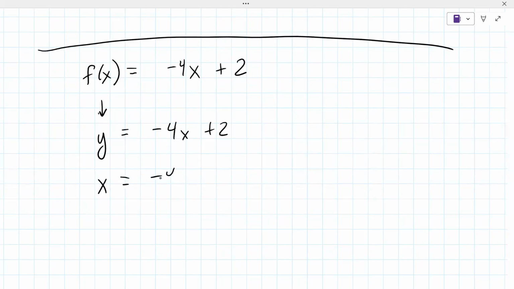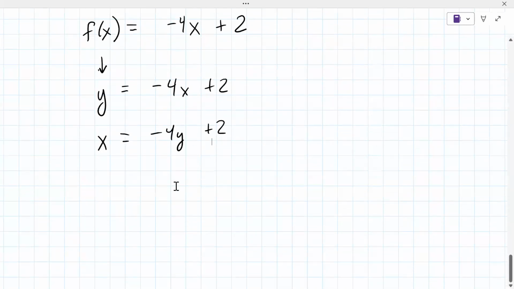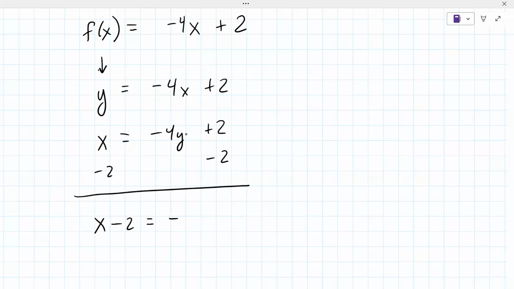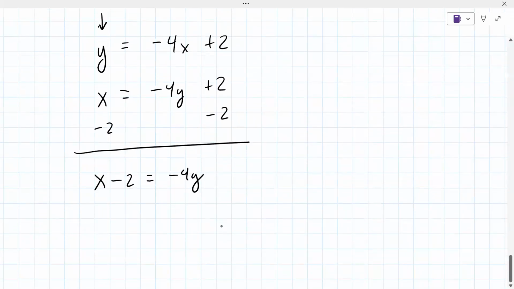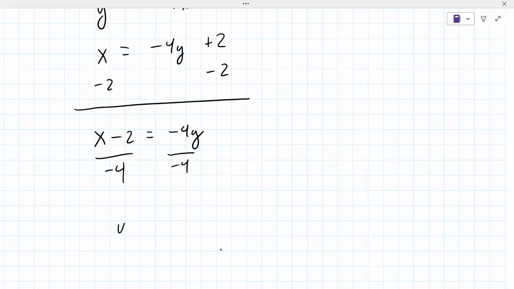So x equals minus 4y plus 2. And now we solve for y still. So we're going to subtract 2 from both sides. X minus 2 equals minus 4y. And then we divide both sides by minus 4. So y equals x minus 2 divided by minus 4.